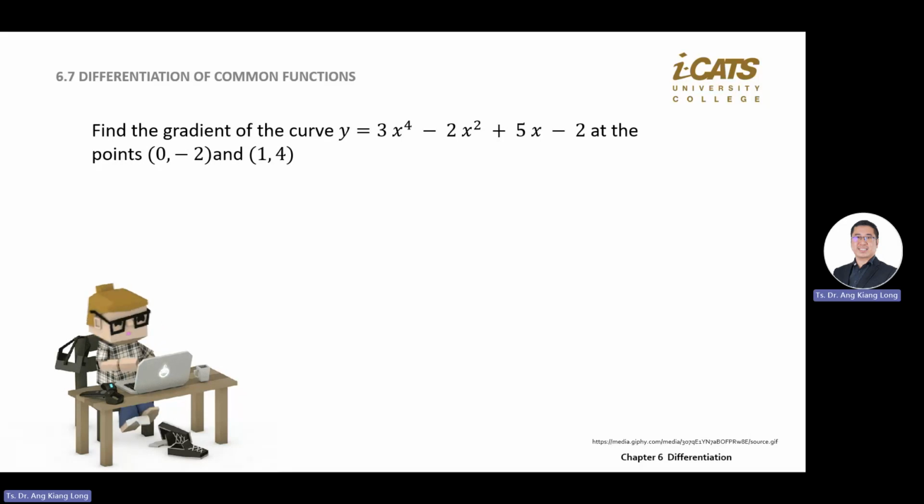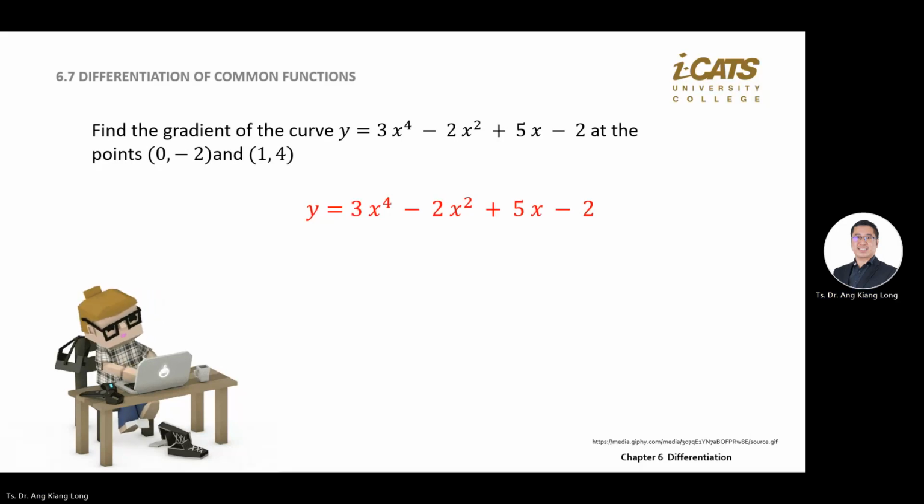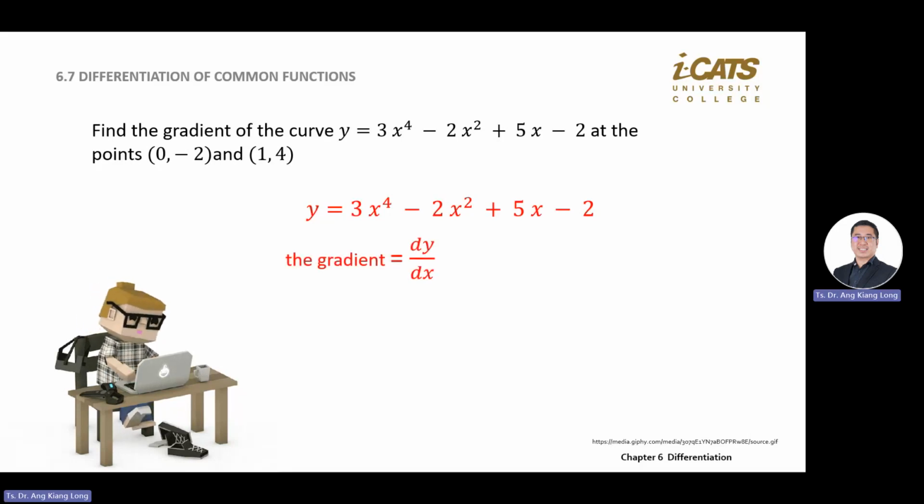The first step is to copy the equation that you see: y equal to x power 4 minus 2x plus 5x minus 2. For a quiz, this will carry 1 mark out of 10. It means if you are lazy and don't copy this, no mark. Then gradient, of course, you don't need to write gradient, go to dy/dx straight away.